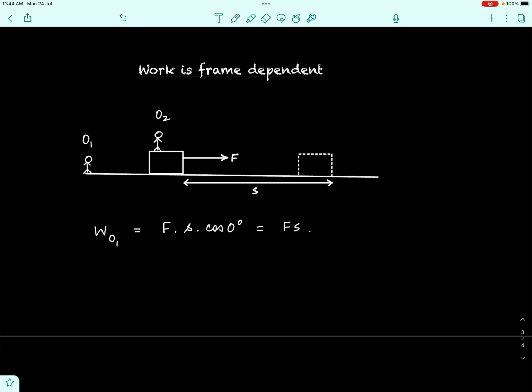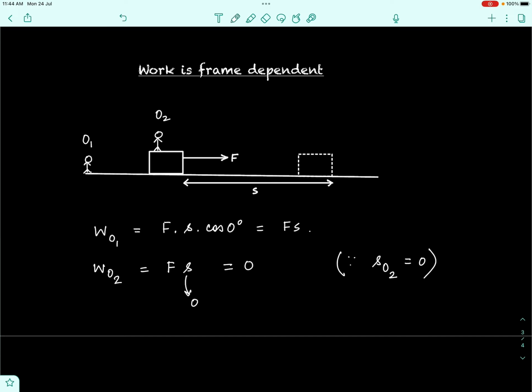From the frame of observer 2, there is no displacement that the block undergoes, and hence the work done as seen by observer 2 will be force into the displacement, which is now 0. That becomes 0, right? So the work done will be 0, and that happens because S, the displacement of the block as seen by observer 2, is 0.